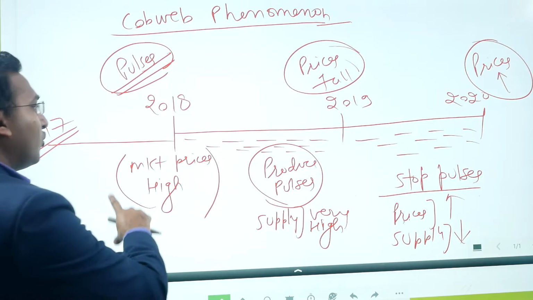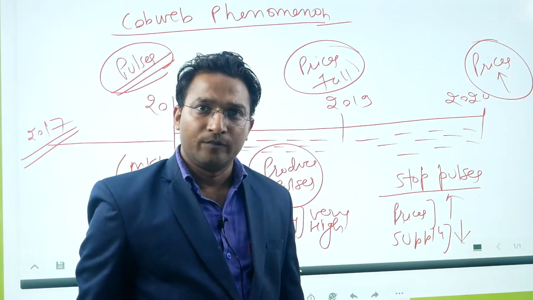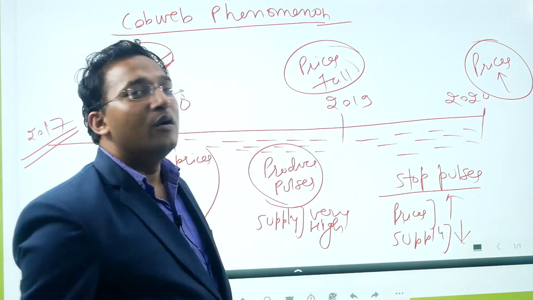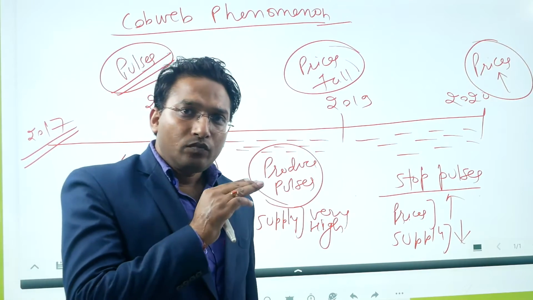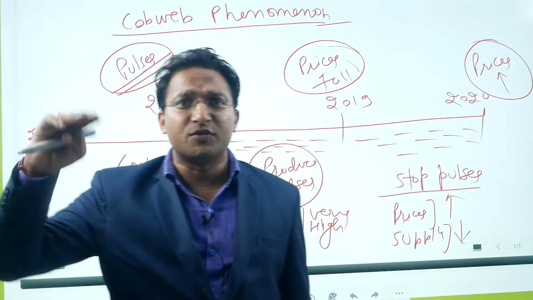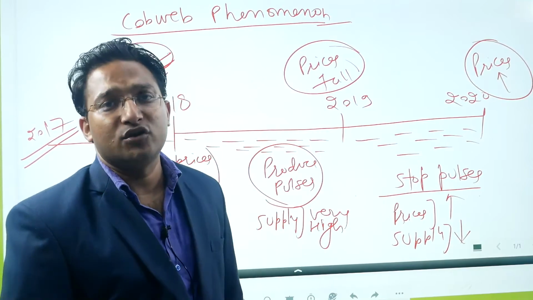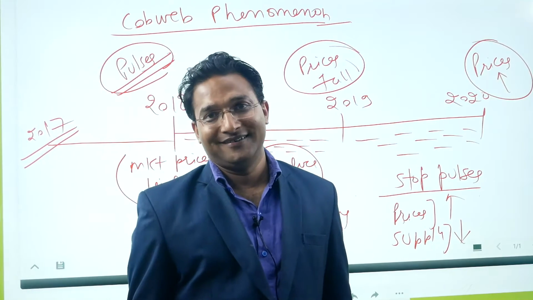And this price fluctuation year after year has been deciding the production also, and this production is deciding the prices also. So this high and low prices, which are happening because the production is based upon the price scenario, this concept is called Cobweb phenomena.